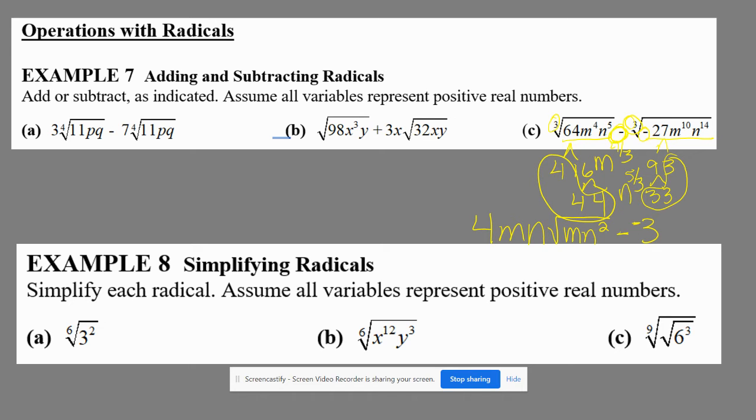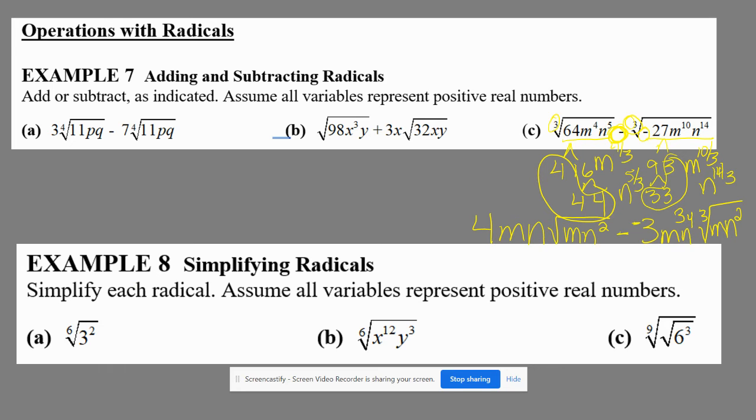It was subtraction here. We have m to the 10 thirds. I can pull 3 groups of m from there with 1 remaining. And then we have n to the 14 thirds. I can pull out 4 groups of n's there with 2 remaining.